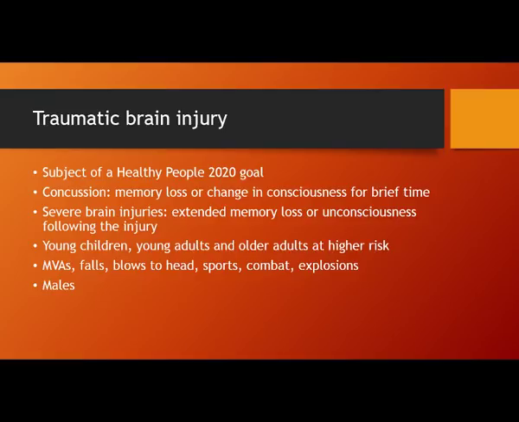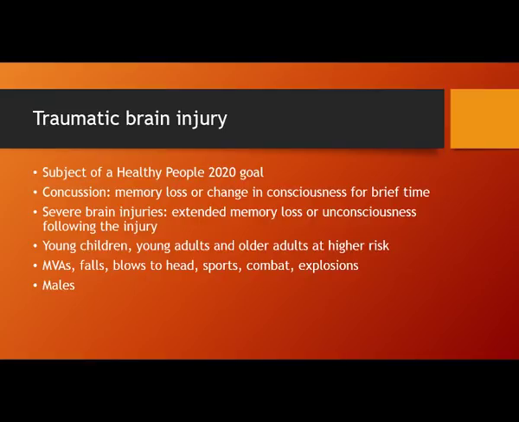People that are at high risk, there's three specific age groups: young children, young adults, and older adults. They're at higher risk, but of course anybody can have brain injuries. Young children, because they take risks, they lack judgment.